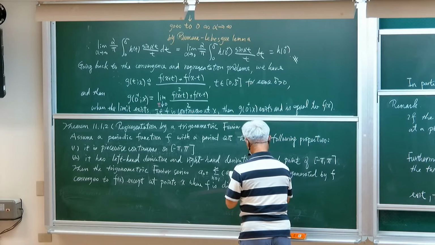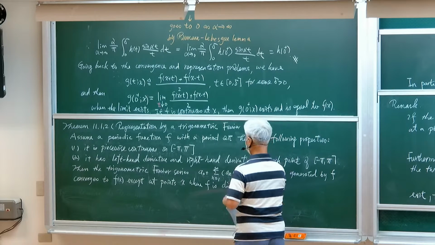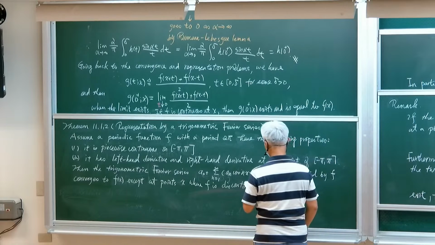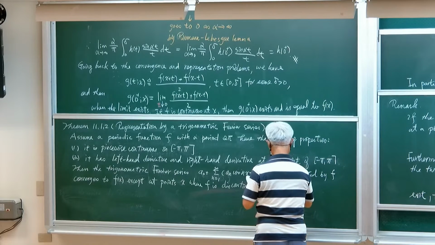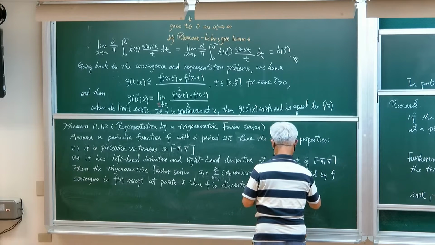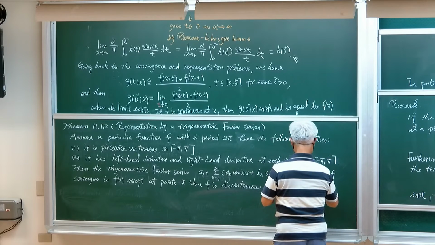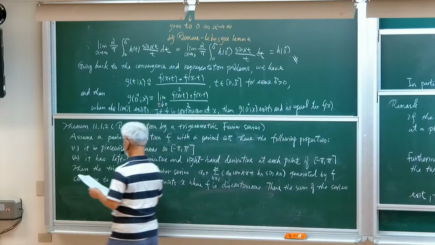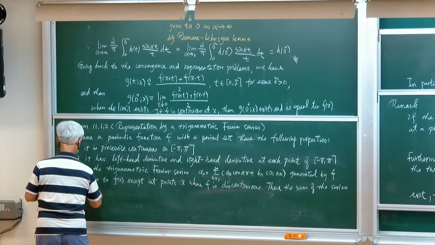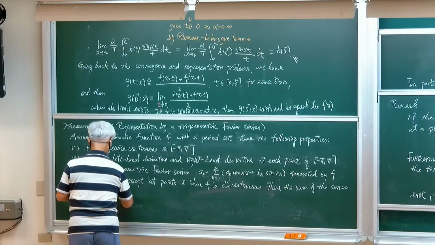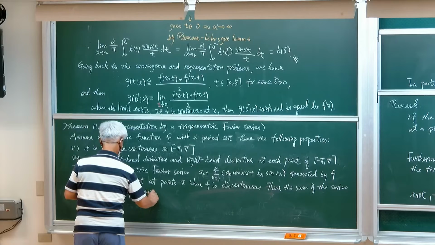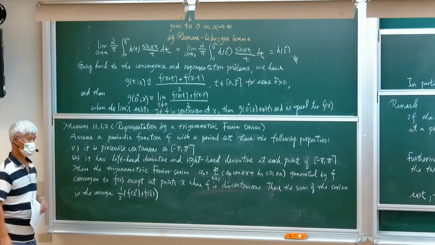And there, at those points, the sum of the series is the average of the left-hand limit and right-hand limit.